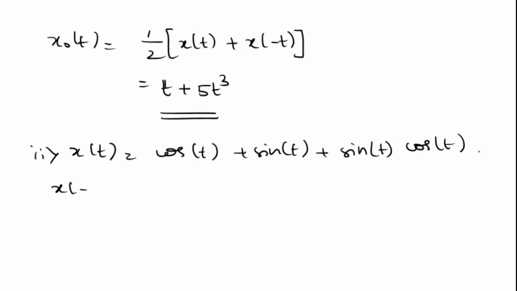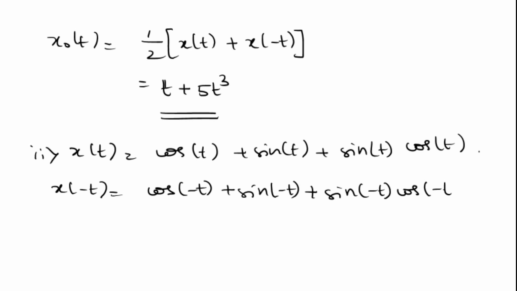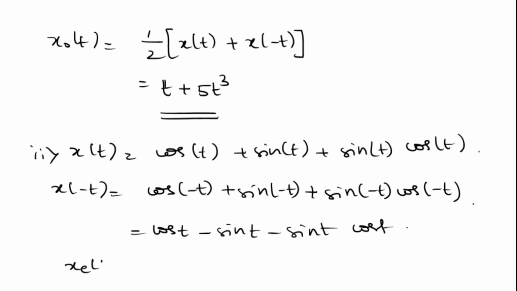Then x of minus t is equal to cos of minus t plus sin of minus t plus sin of minus t into cos of minus t, which is equal to cos t minus sin t minus sin t into cos t. Therefore, x e of t is equal to half into x of t plus x of minus t, which is equal to cos t.